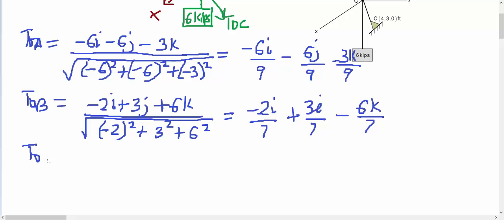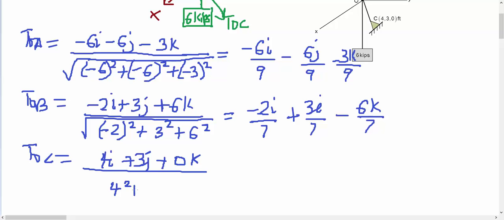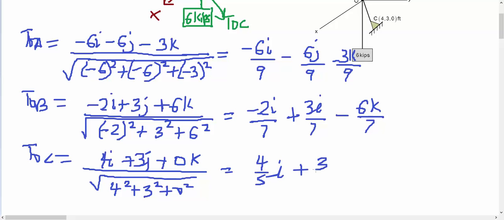And then for TOC, also the same thing. 4I plus 3J. Well, the K is 0, so let's just put 0 here. So the square root will be 4 squared plus 3 squared. If you want to include 0, that comes out to be 4 over 5 I plus 3 over 5 J. The last one is just 0 K.